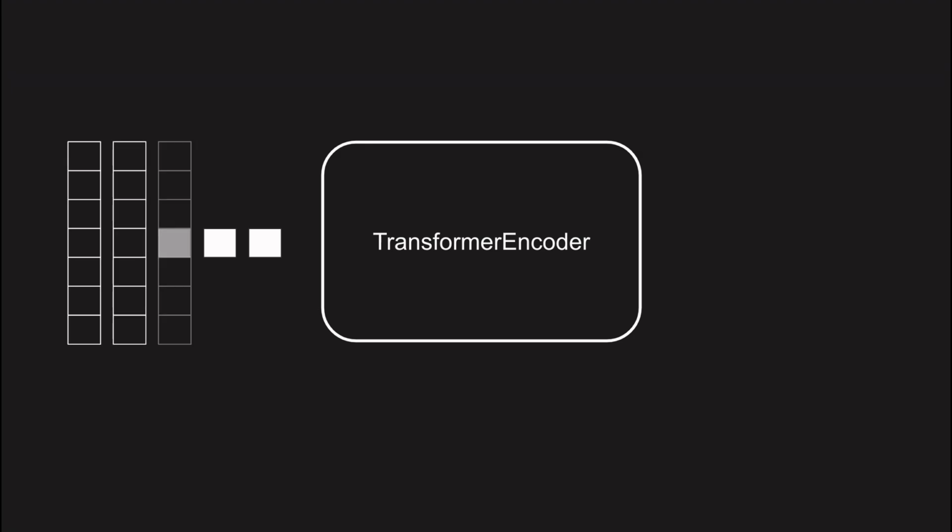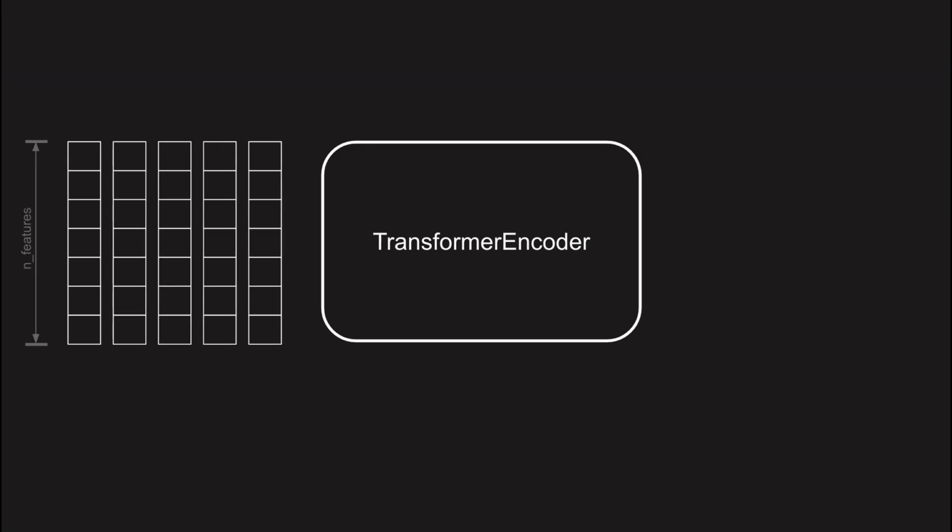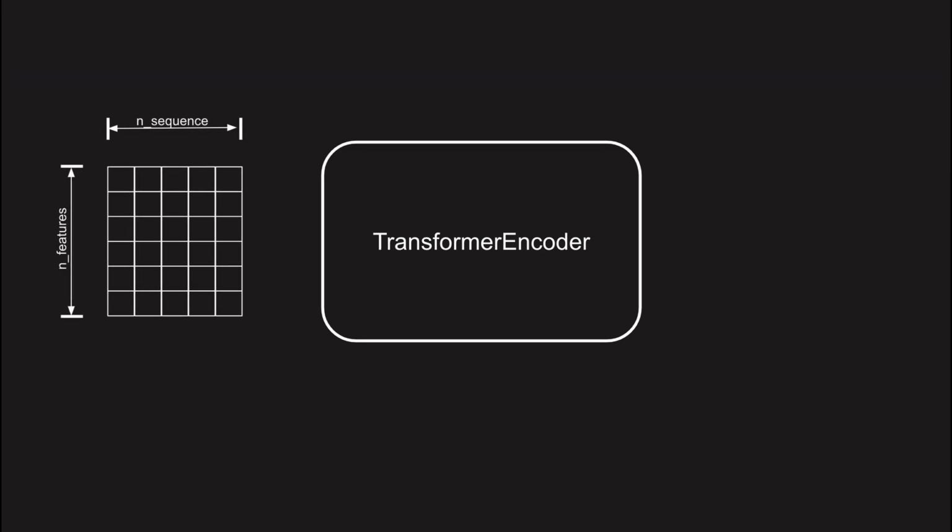Each of these tokens is some kind of embedding, so these tokens will be an array of numbers. If those were word tokens, then we just use our normal word embeddings, and we'll have n features for each of these tokens. Now we have n sequence tokens, and that means this becomes a tensor of exactly these dimensions, n sequence and n features.